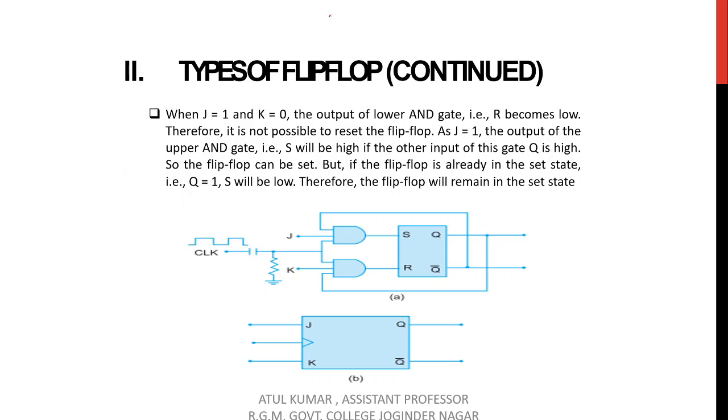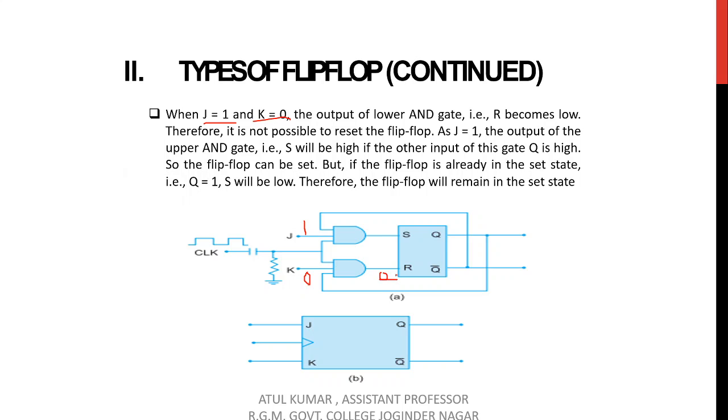The third condition in the table is when J is equal to 1 and K is equal to 0. Suppose here J is equal to 1, K is equal to 0. So the output of the lower AND gate becomes 0, as one of the inputs of the AND gate is 0, so its output is 0.